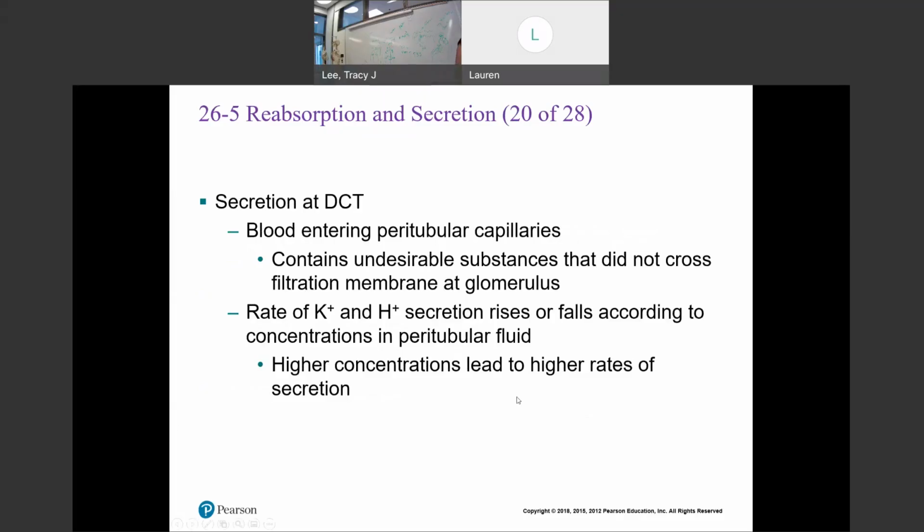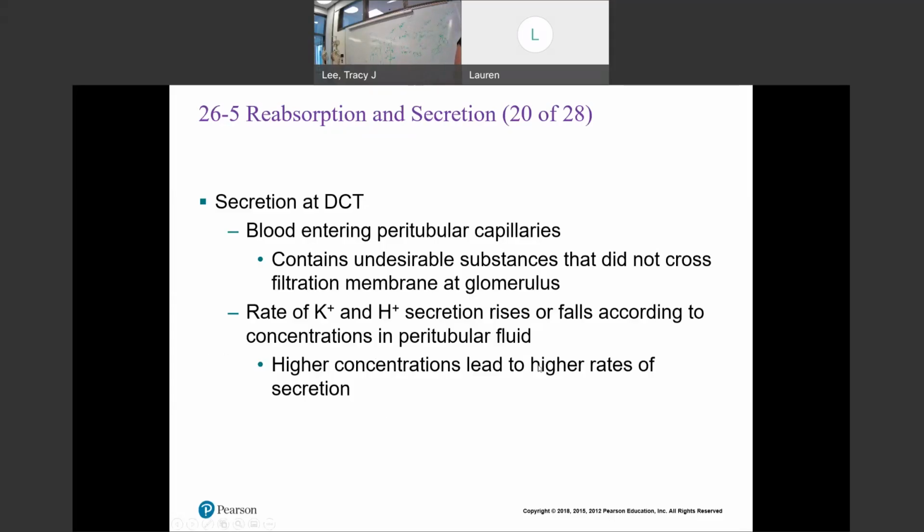So another thing that we'll see, I already said some things we can secrete in there if they're bad things in the blood. Our rate of potassium and hydrogen secretion rises or falls according to how much we have in the peritubular capillaries or peritubular fluid, right? That is the fluid on the other side. We're going to be trying to find that equilibrium.